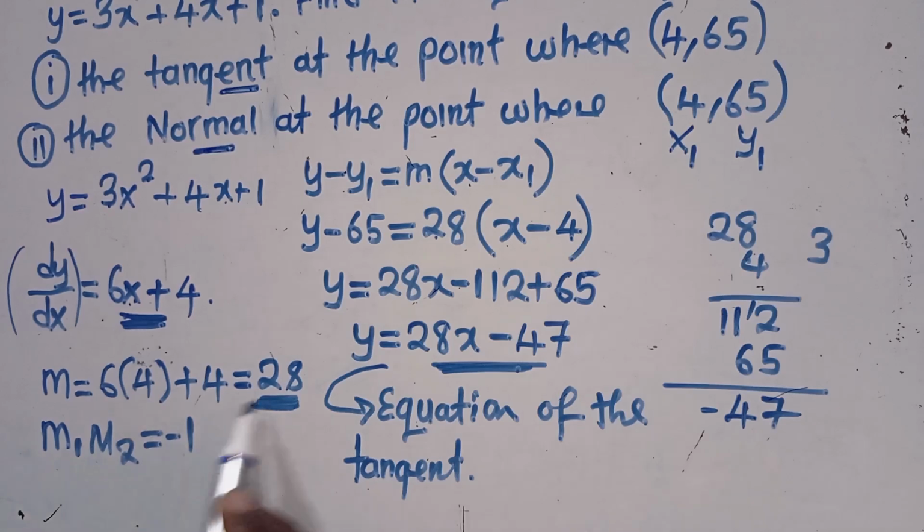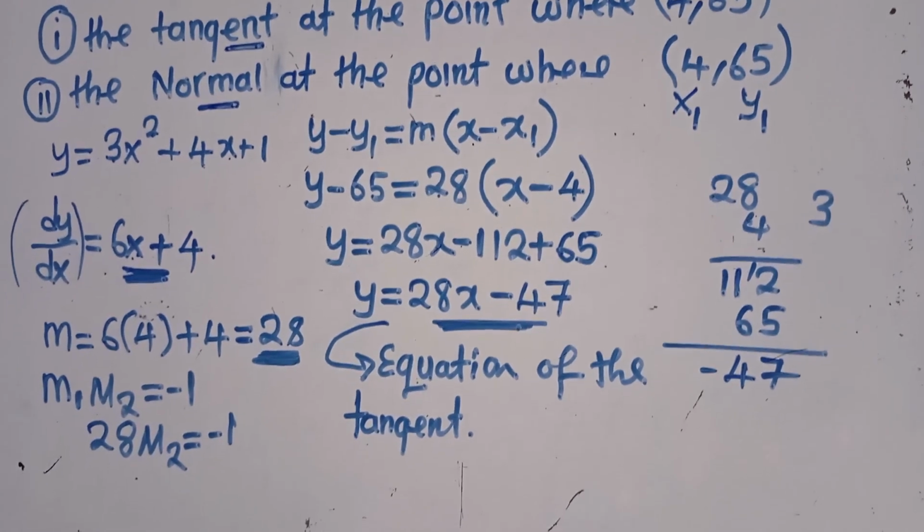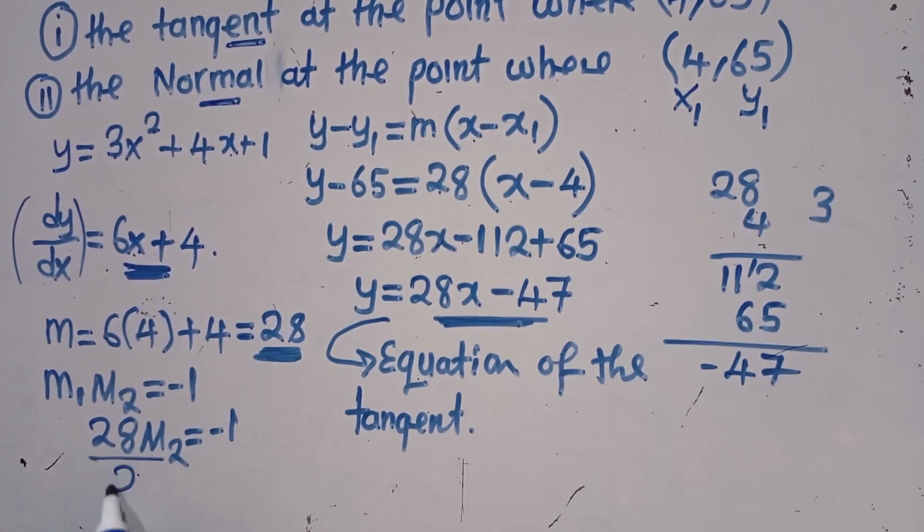So gradient 1, we already have 28 there. So 28 m2 is equal to what? Negative 1. Since we want to find m2, what do we do? We divide both sides by 28. Even here we divide by 28, such that 28 cancels out.